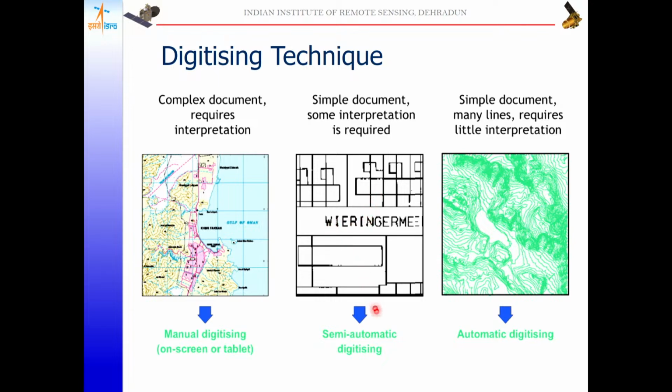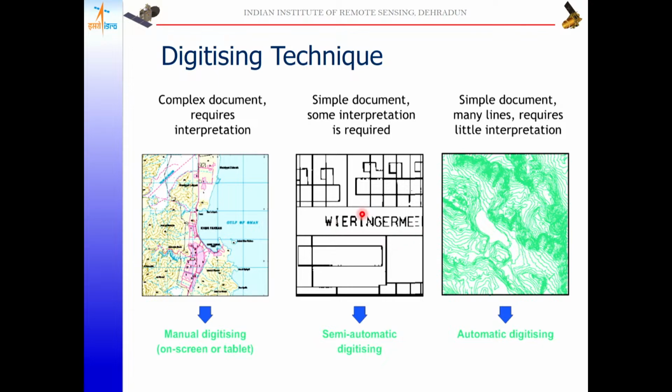So if you are using automatic digitization here, it will create shapes for the lines or polygons based on the shapes present in this map, and along with this the boundary of the letters in this word will also be created as a GIS feature, which is actually not a GIS feature.